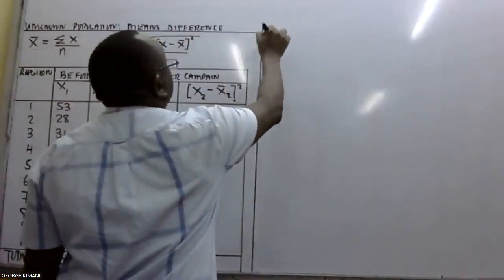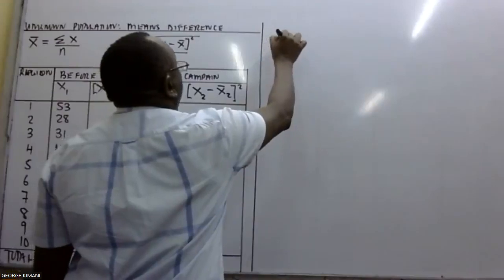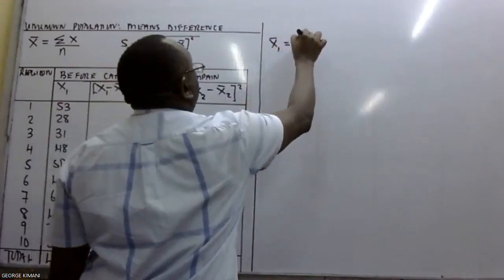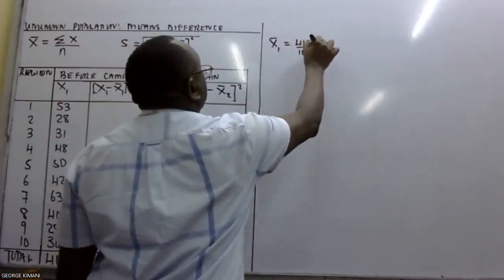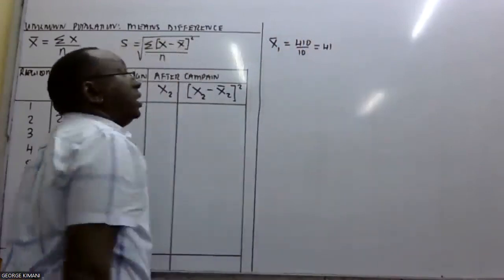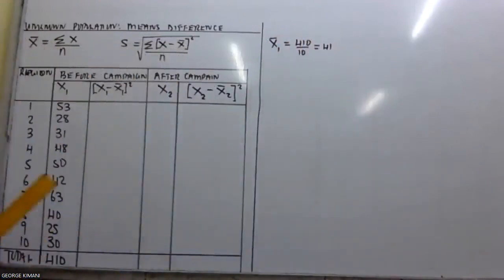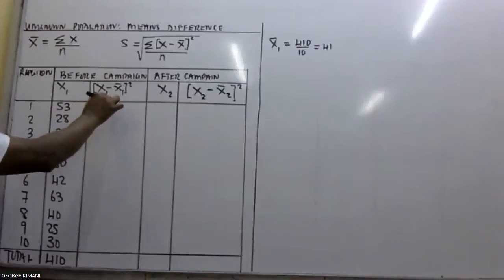Now x bar 1 will be 410 divided by 10, which is 41. So to fill in here, 53 minus 41 is 12. You square, 144.